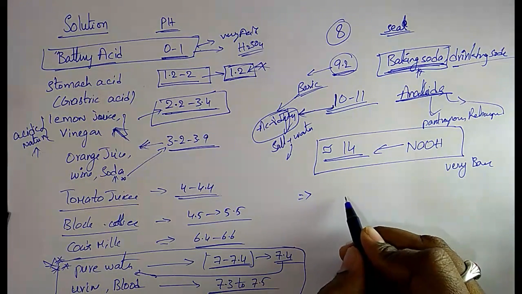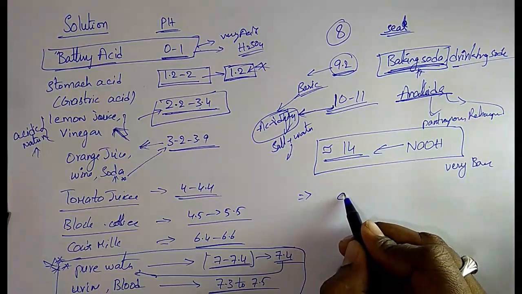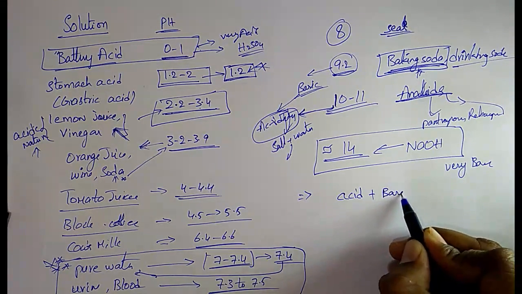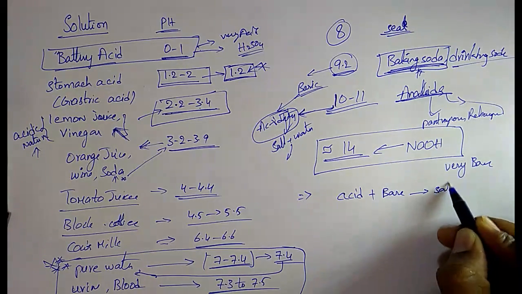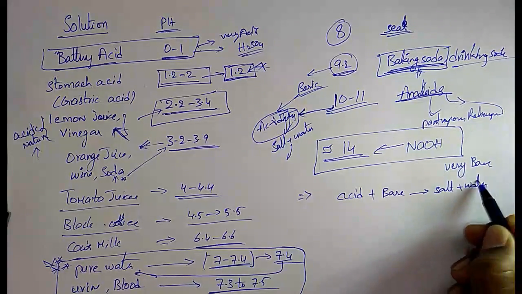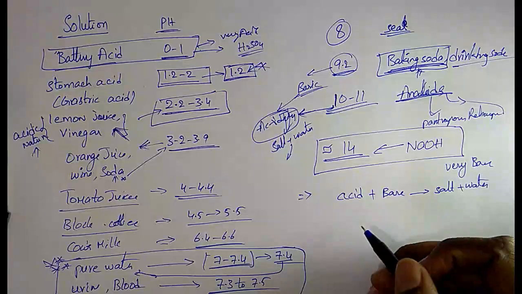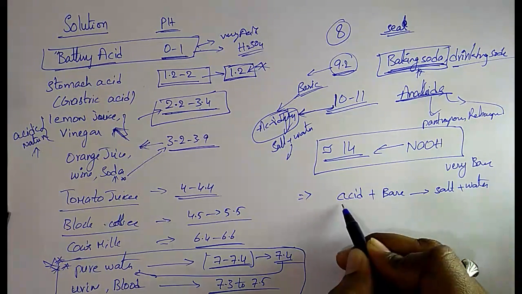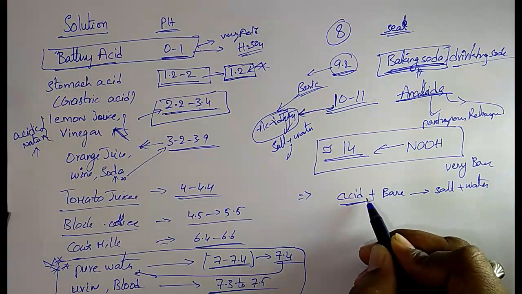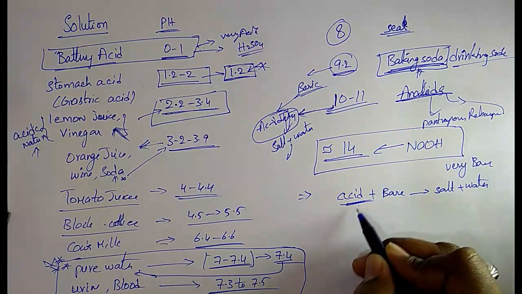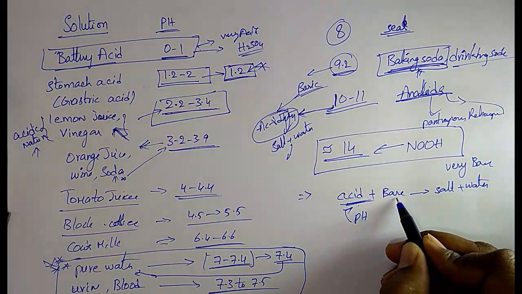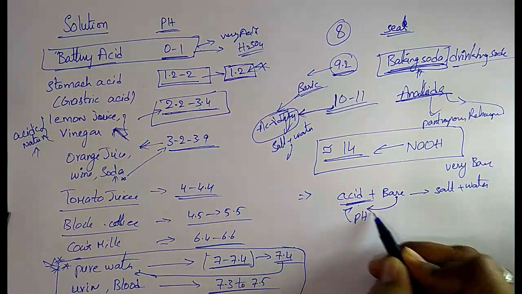Here, if an acid combines with a base, we know that salt plus water is released. That means the pH of an acid solution increases as base is added to it.